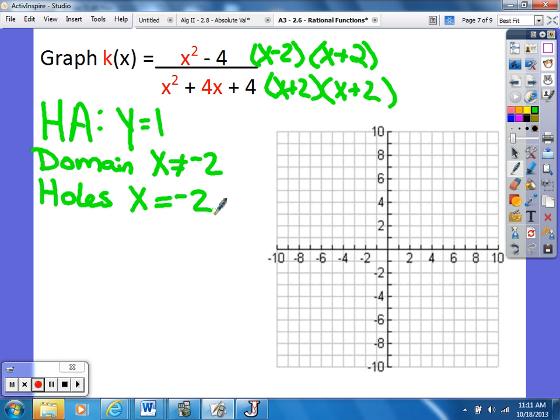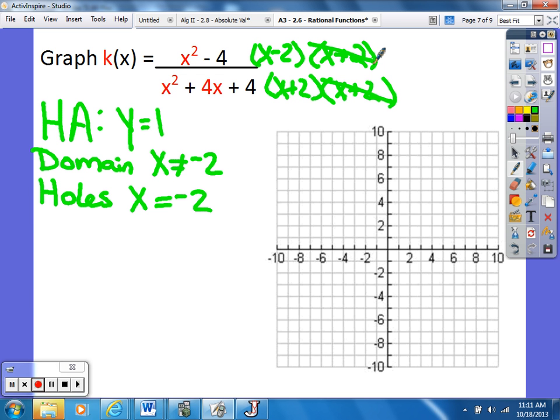Wait. Why? Because technically there's 2 of them, but not for domain. Domain, you're only looking at the bottom. Okay? Now, since you found the holes, are you ready?